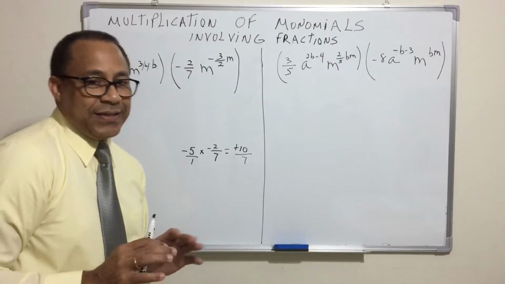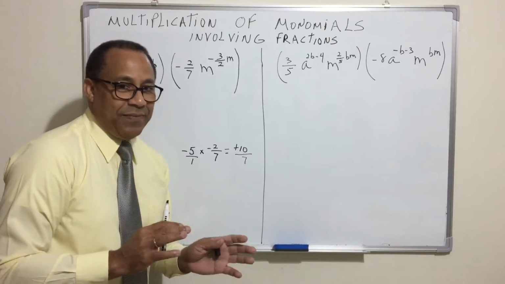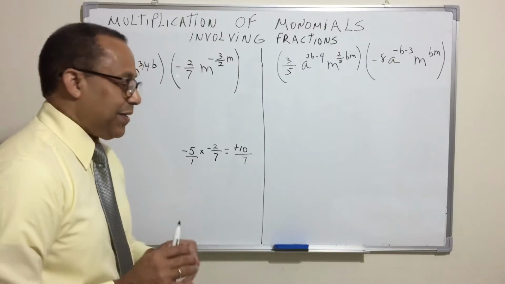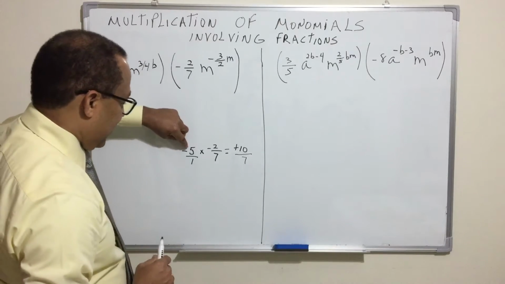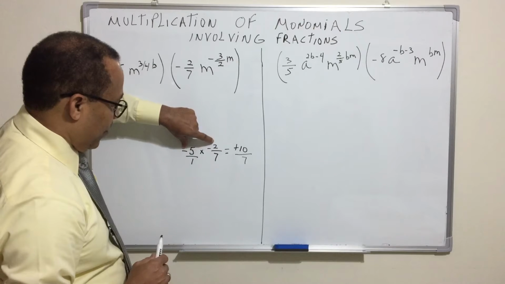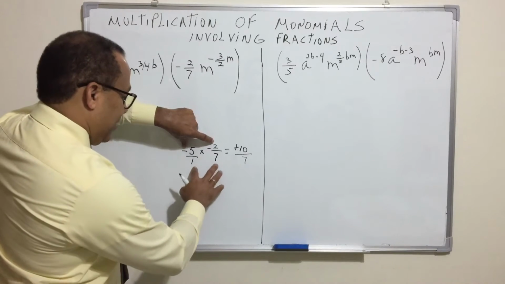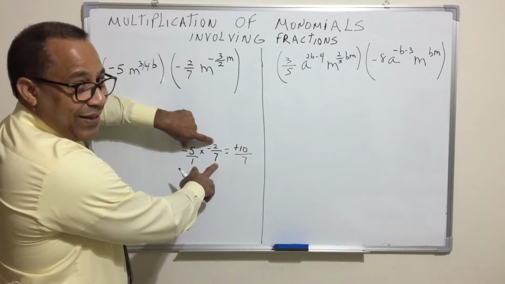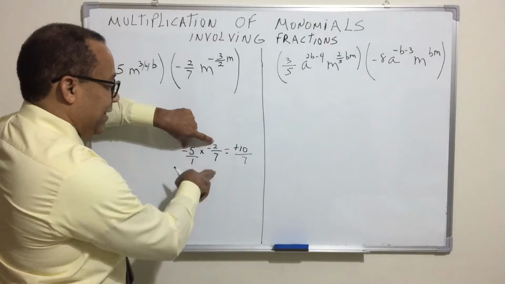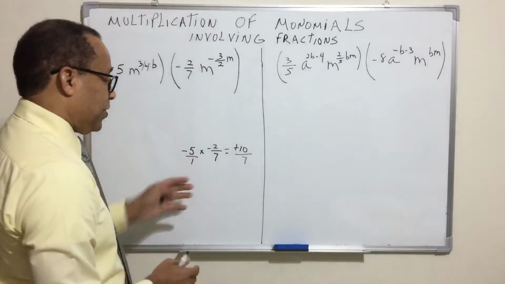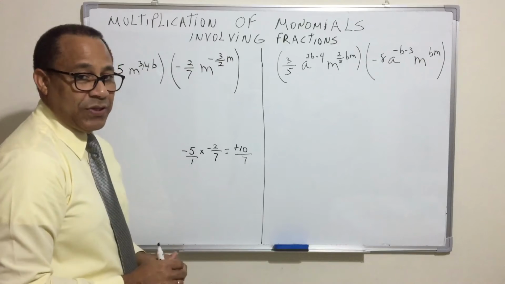I know it might sound silly, but once you used the negative sign for the numerators, the denominators are not negatives anymore. You decide where you want to use the negative sign. It will be the same result.